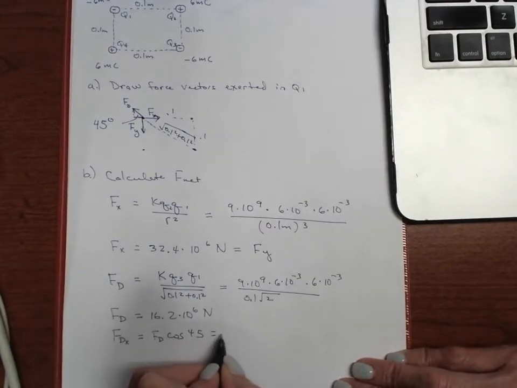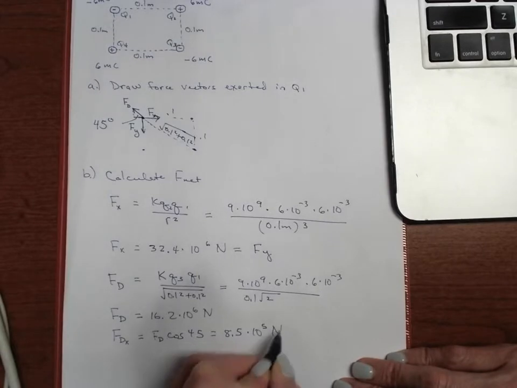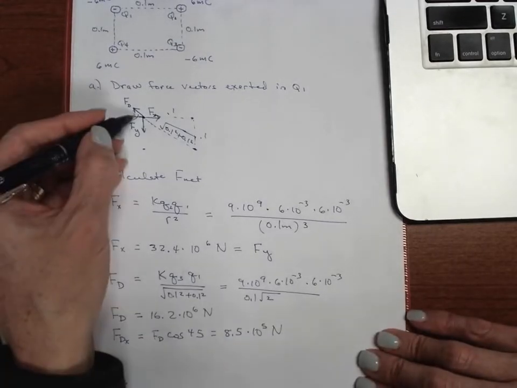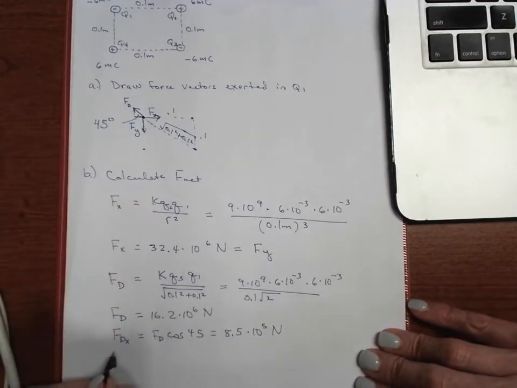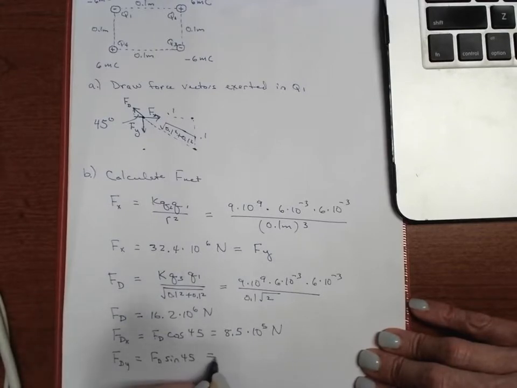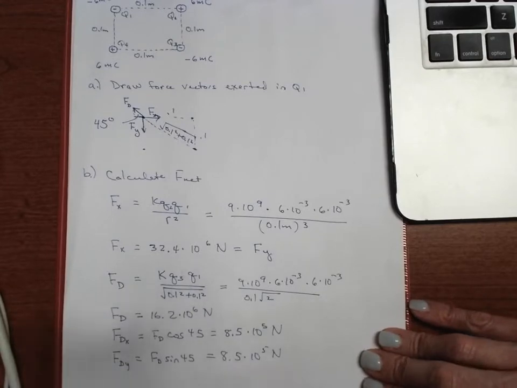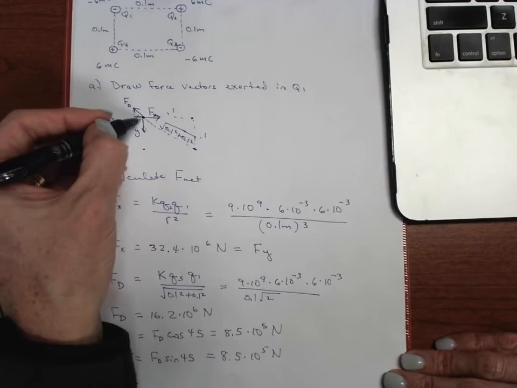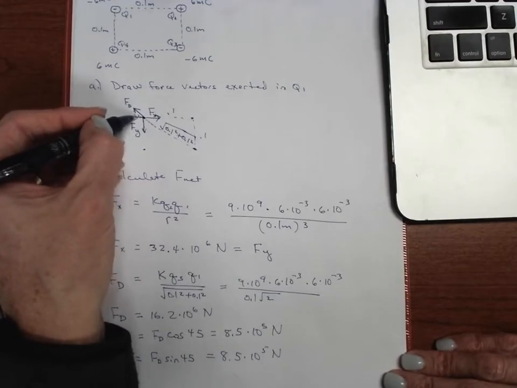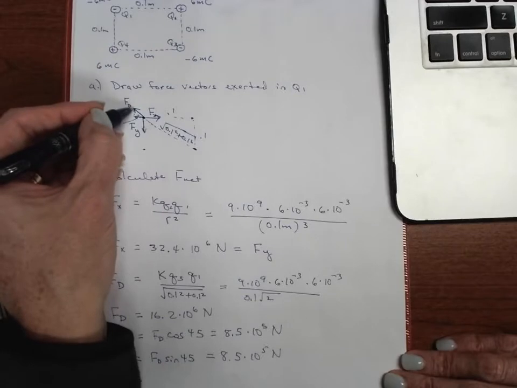And that's equal to 8.5 times 10 to the 5th newtons. Because this is 45 degrees, Fd y is equal to Fd sine 45. And that's also equal to 8.5 times 10 to the 5th newtons. So now I have this length, and this is pointing to the left, and this length, and that's pointing up.